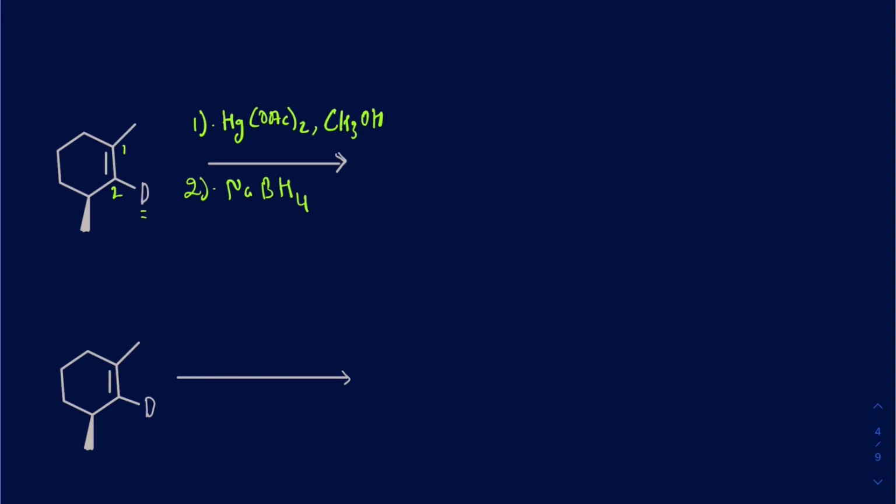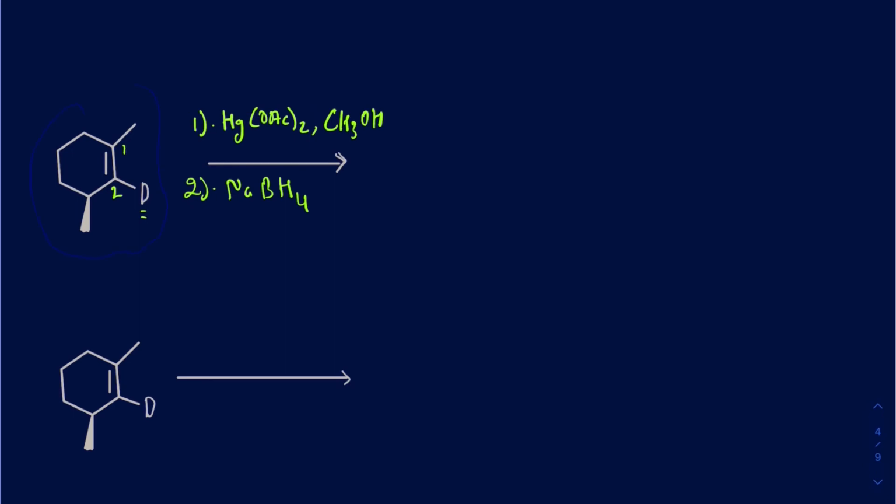It's still considered similar to hydrogen in terms of being less substituted. So when I'm looking at the Markovnikov addition, your OH, or your methanol in this particular case, should go onto the first carbon and your hydrogen should go onto the second carbon. And remember, it's going to be an anti-addition.